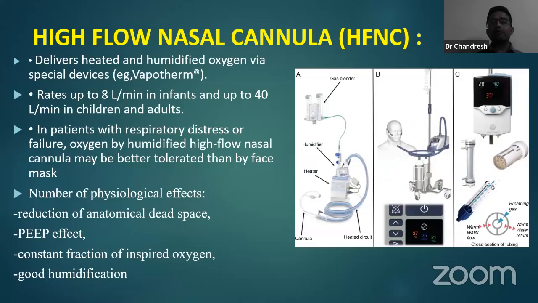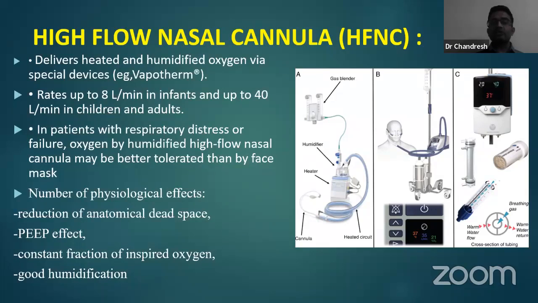High flow nasal cannula. We all know we have used this device a lot in a pandemic. A patient with severe ARDS, when they are significantly hypoxic, breathing at almost more than 45 rates, after high concentration face mask, most of the time we have switched this kind of patients to the high flow nasal cannula.